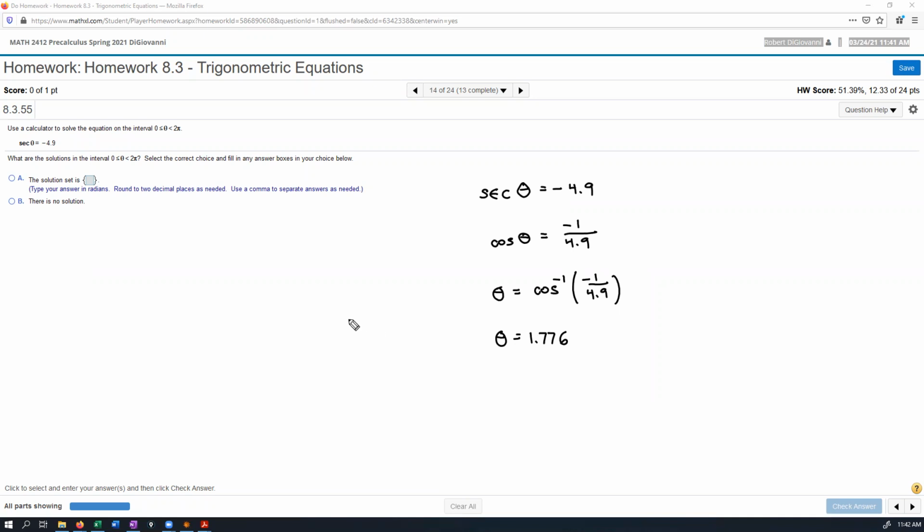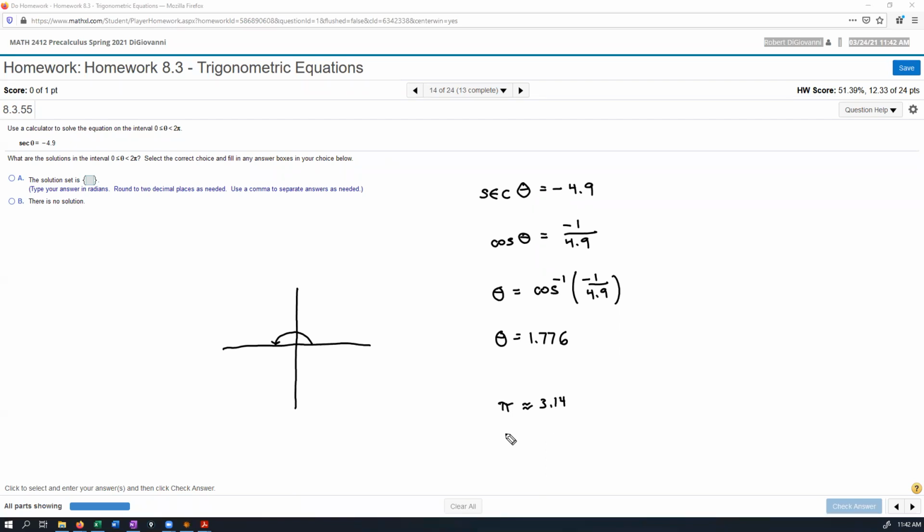What this means is that my angle is 1.776. Remember, pi is about 3.14, so theta, 1.776, is smaller than pi.